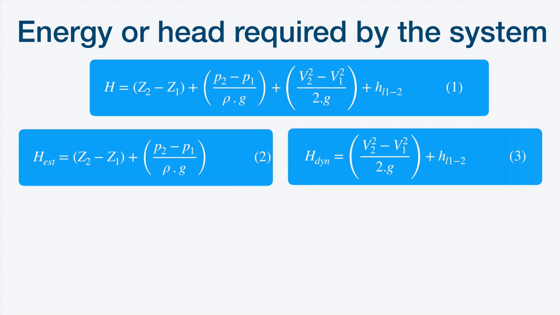On the other hand, the other part of the equation is the dynamic part, the terms of the equation that do change with velocity, that do change with flow rate. These terms are the velocity head and the head losses. Both, of course, change with the flow rate or with velocity.